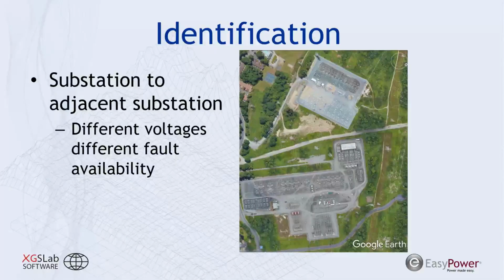When you have systems that are relatively close to each other and those systems have different voltage levels and different fault current availabilities, then that isolated view of the substation is really no longer necessarily conservative. And you may actually be overlooking some transferred voltage hazards from a system that has a higher fault current availability.